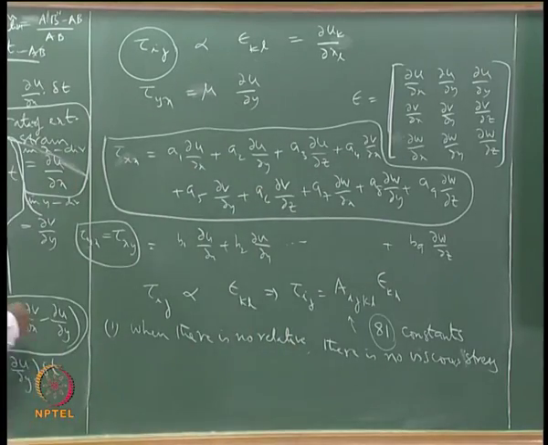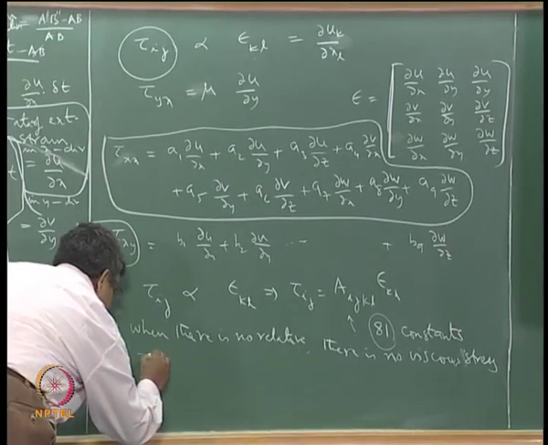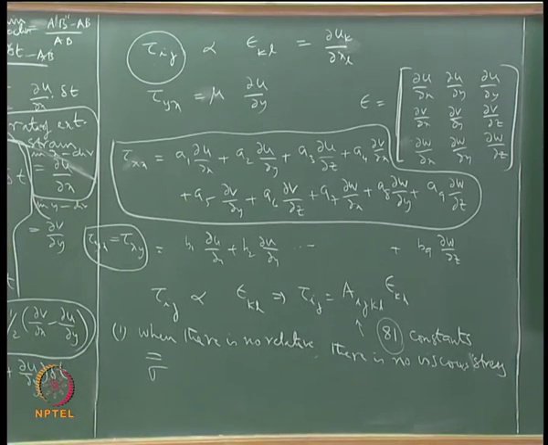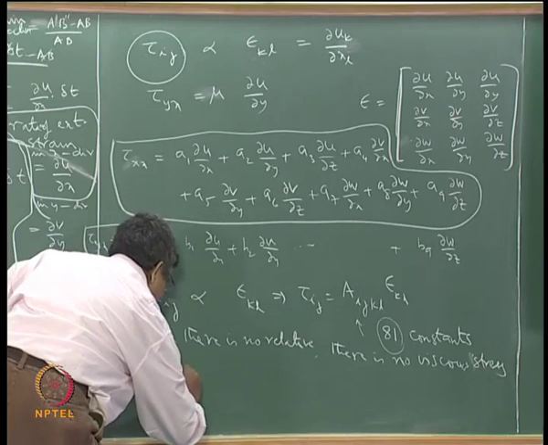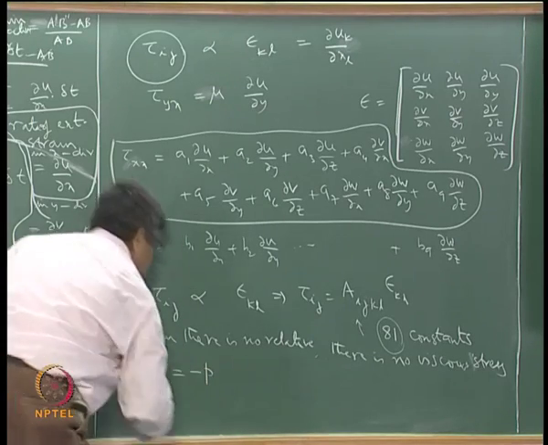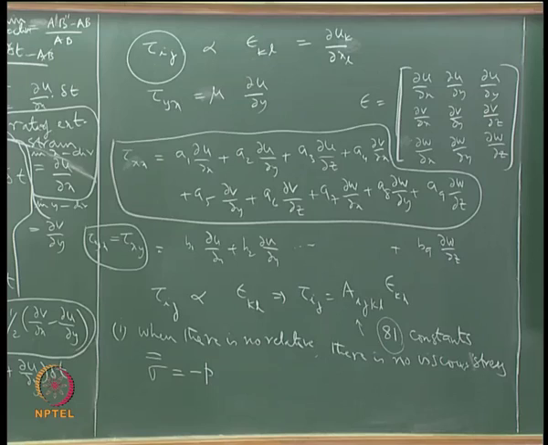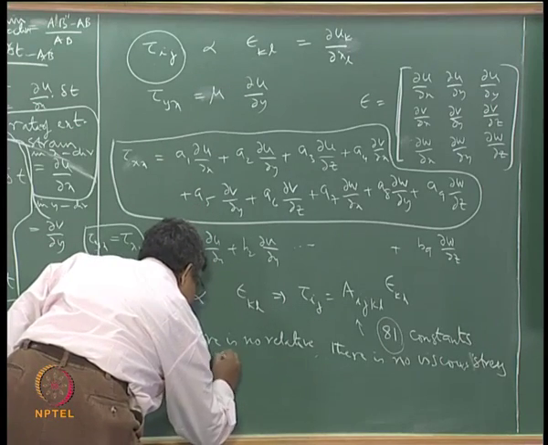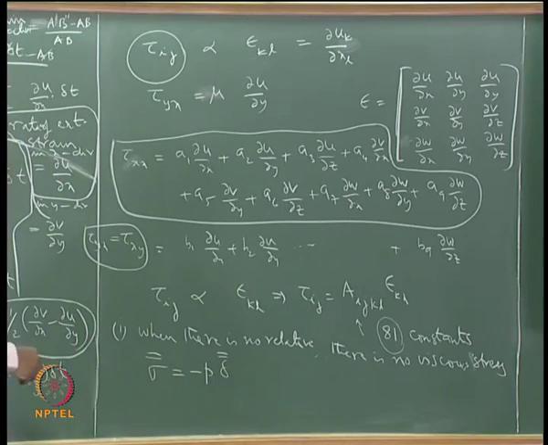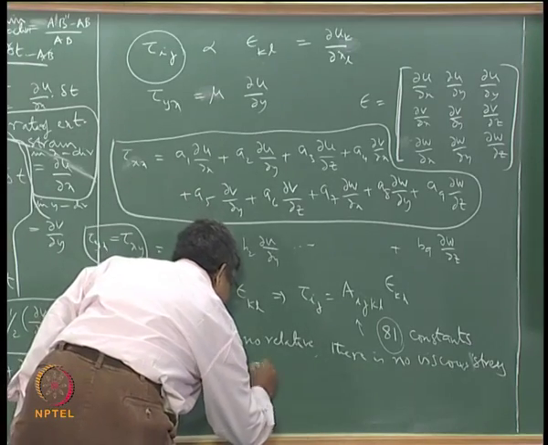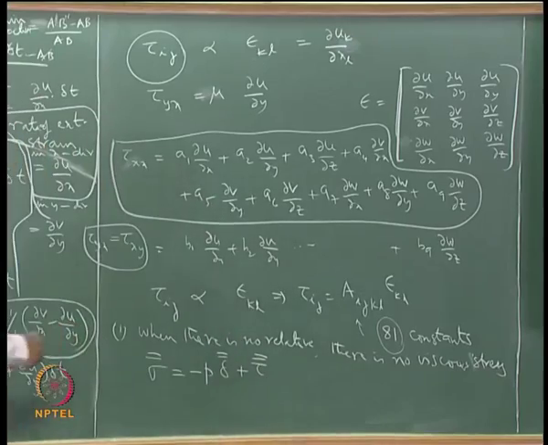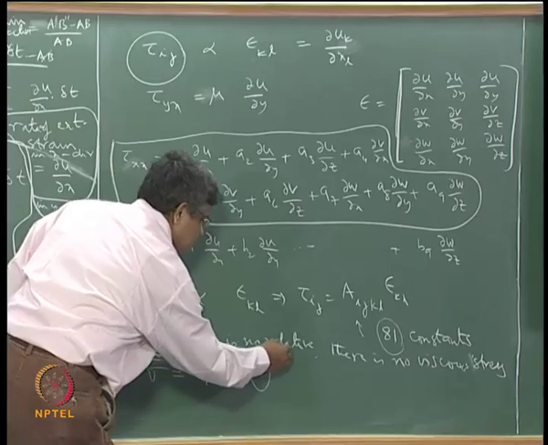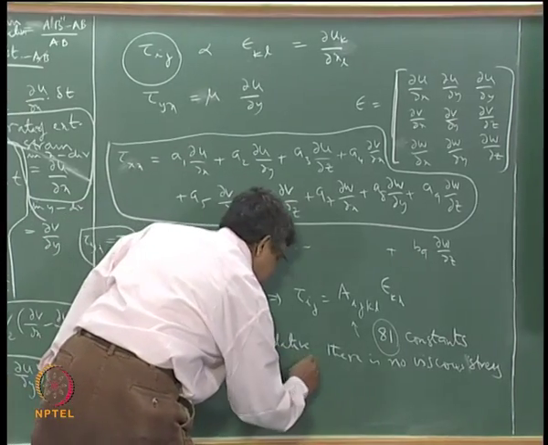So that means that we can break up the stress that we have been using into 2 components. One is minus P, that is the hydrostatic pressure, times delta, which is the Kronecker delta, plus this tau, and this tau is the viscous tensor, which is equal to 0 when there is no relative motion.